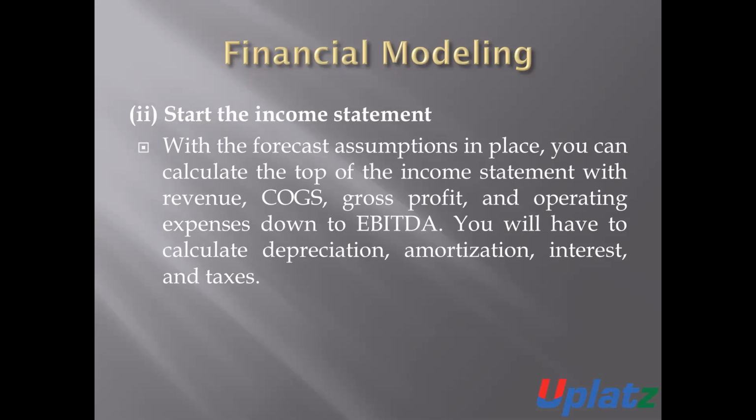You can prepare the income statement with the amount of revenue, the amount of COGS, cost of goods sold, gross profit, and operating expenses, down to earnings before interest, tax, depreciation, and amortization.